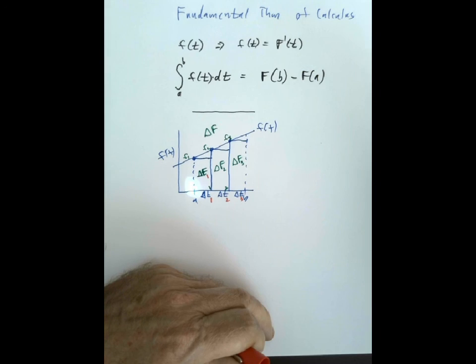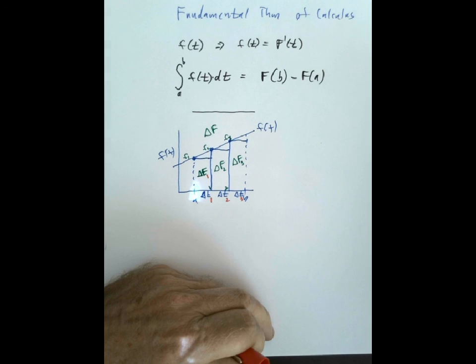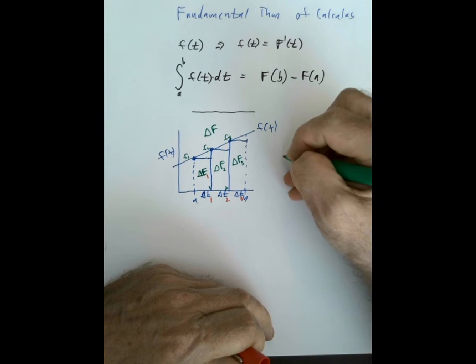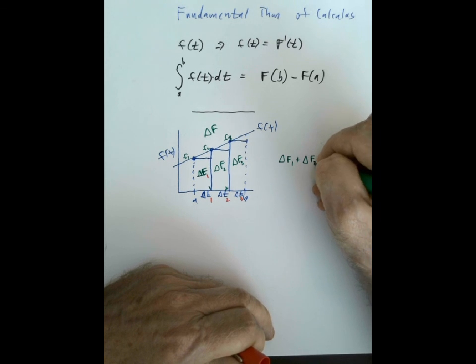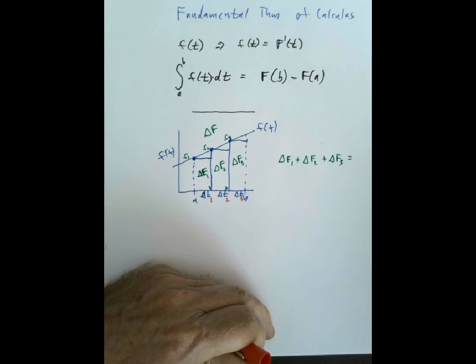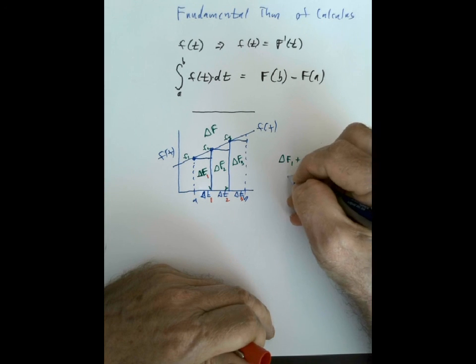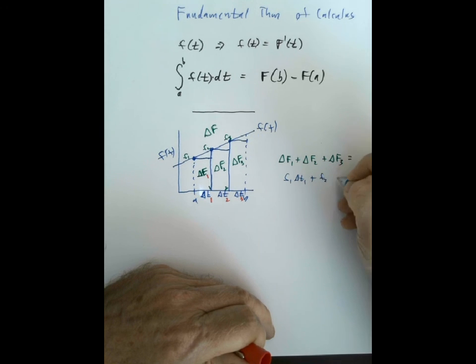So the total area here would be delta f1 plus delta f2 plus delta f3, right? Well, what's that equal to? That's equal to f1 delta t1, f2 delta t2, f3 delta t3.